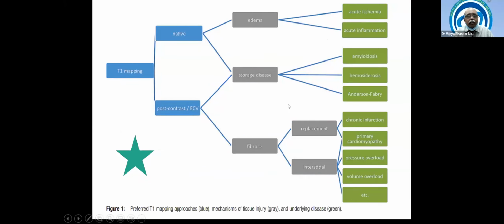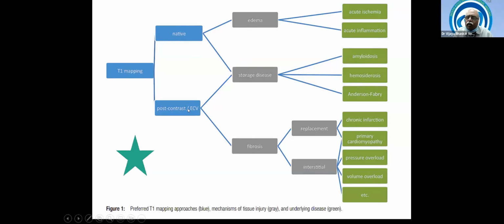Whereas in storage disorders, you should do both native and post contrast, because I told you the pathophysiology of interstitial disease. In amyloidosis, hemochromatosis, Anderson-Fabry, you have to do both native and post contrast ECV fraction.